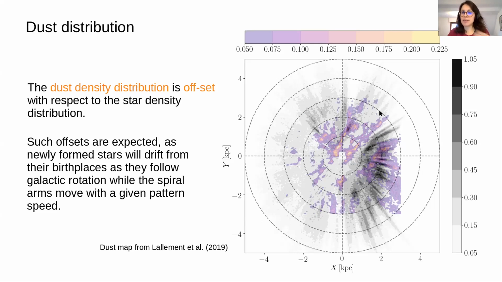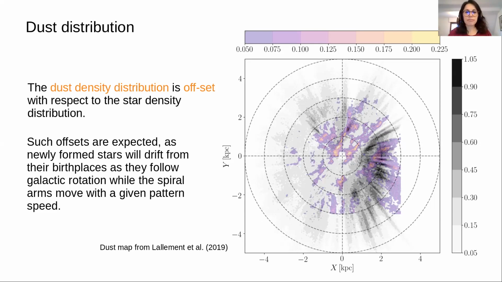This is something expected because after they are formed, stars will move away from their birthplaces, they will disperse, and they will start following galactic rotation, while the spiral arm pattern moves at a different speed. So it is expected, but it's still nice to see such a clear offset between stars and dust.